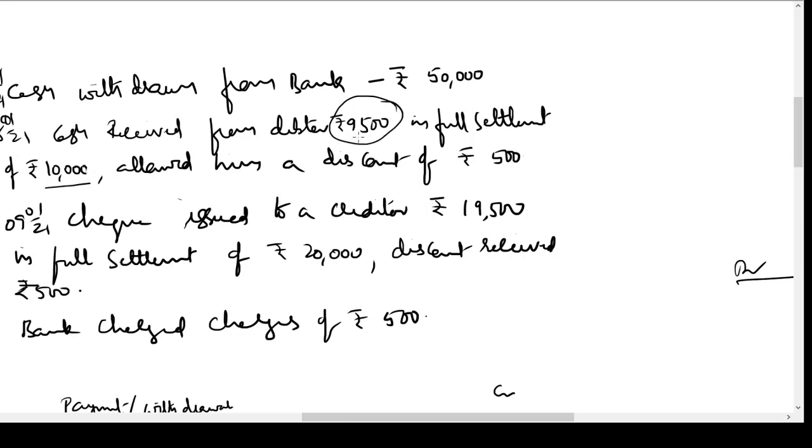In full settlement he is giving us 9,500 cash and we are allowing him a discount of 500. If I remember the entry is correct, the entries will be cash 9,500 to debtors. I would have to credit his account with 10,000 because I have to close his account. I have to fully settle his account. So the balance 500 is a loss for the business which is debited to discount account.